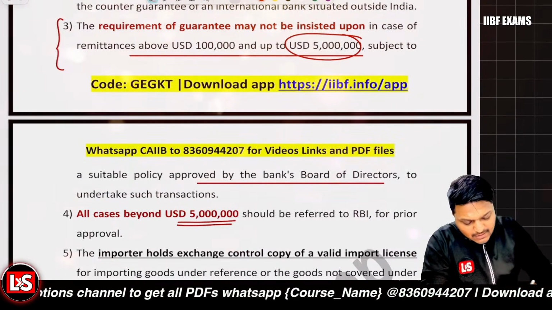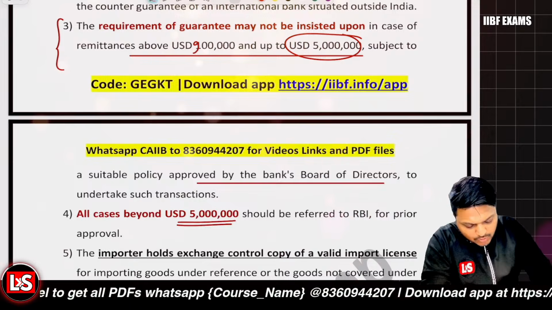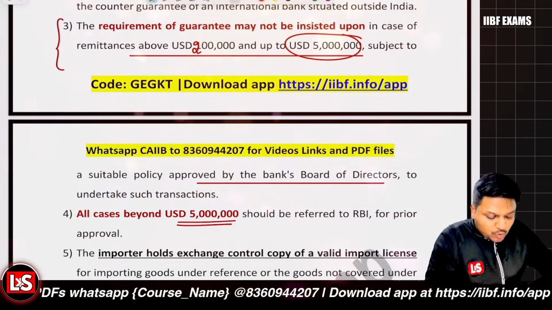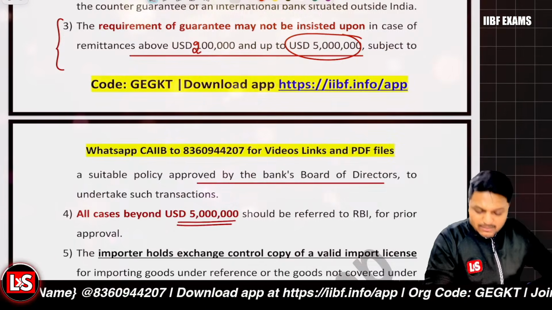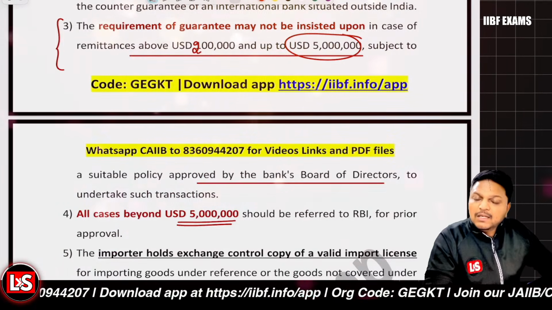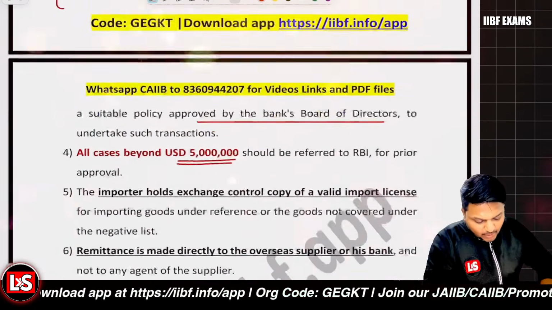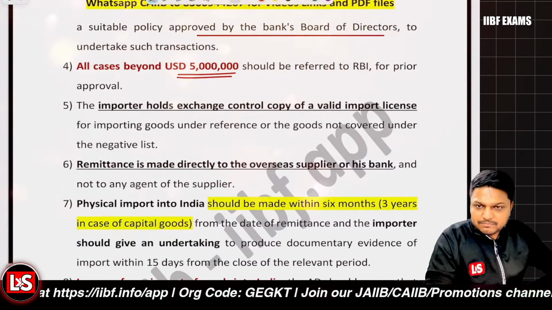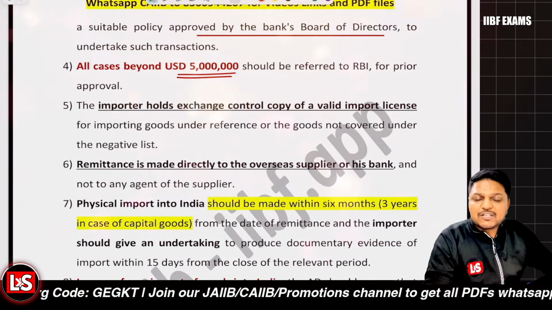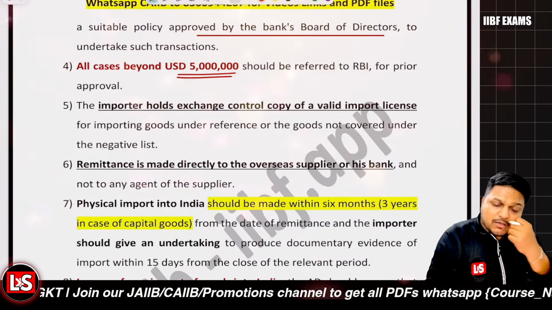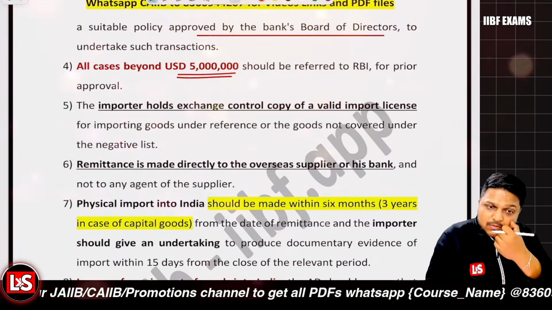So for remittances above 2 lakh USD and up to 5 million USD, subject to a suitable policy, it cannot be insisted upon. And any case beyond 5 million USD should be referred to the Reserve Bank of India for approval, right?